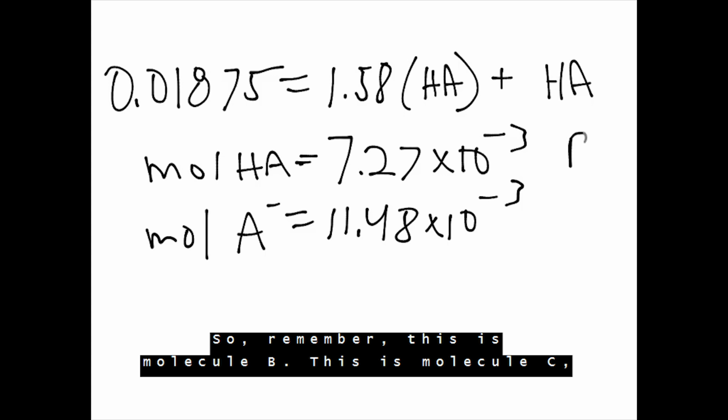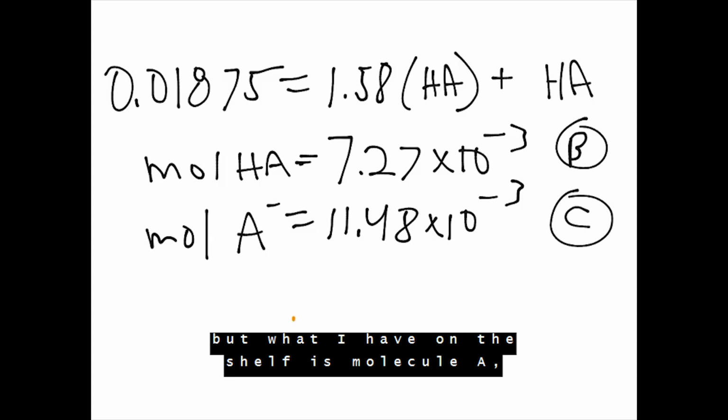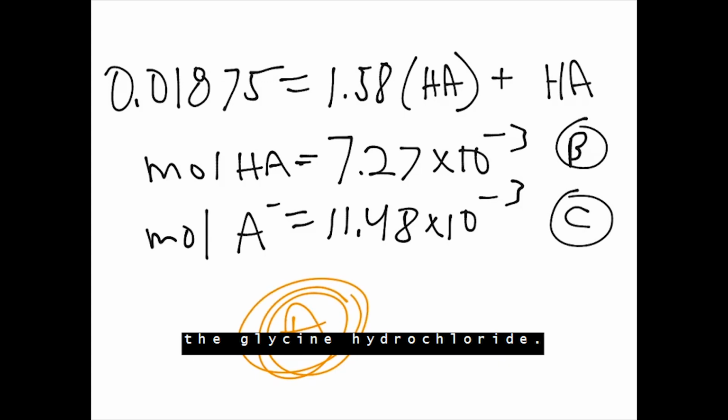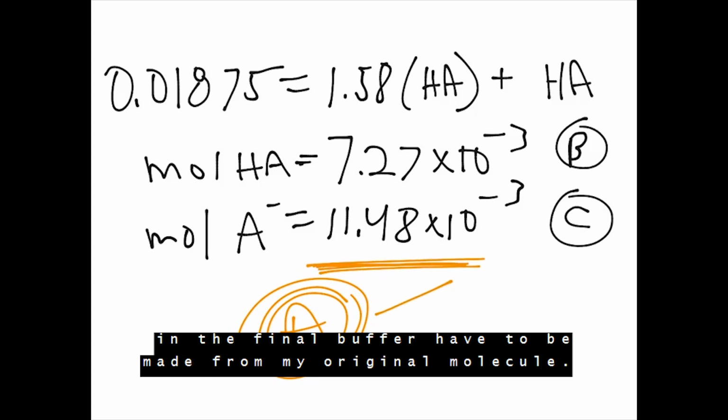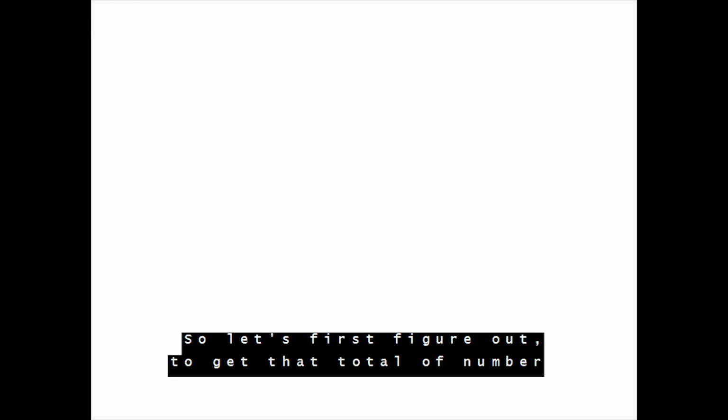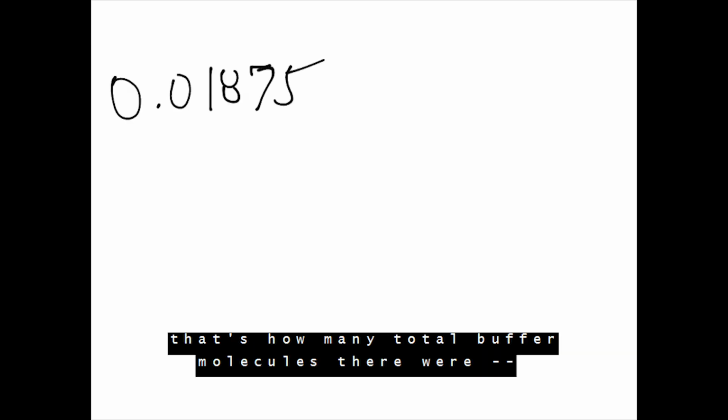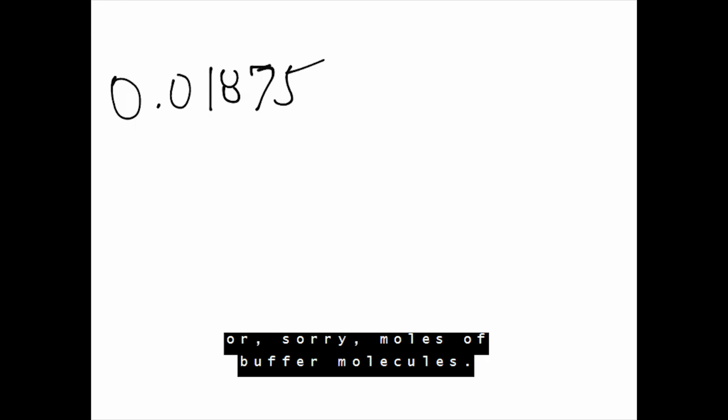So remember, this is molecule B, this is molecule C, but what I have on the shelf is molecule A, the glycine hydrochloride. So all of these moles that we have in the final buffer have to be made from my original molecule. So let's first figure out, to get that total number of moles, which was 0.01875, that's how many total buffer molecules there were, moles of buffer molecules.